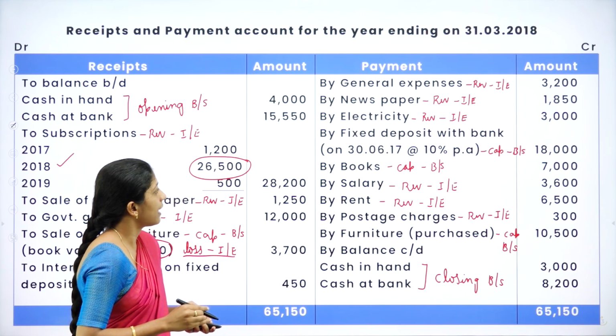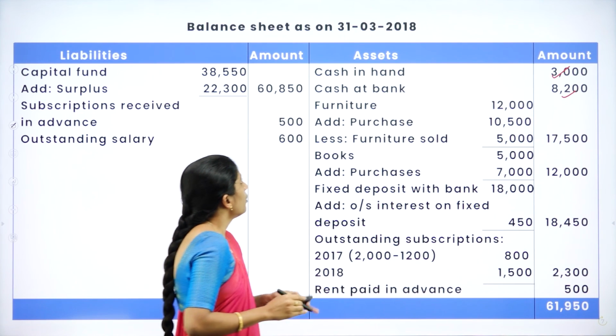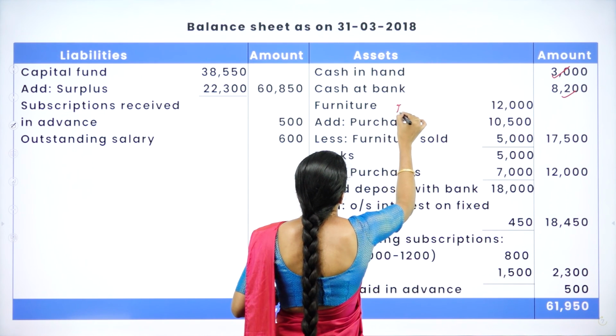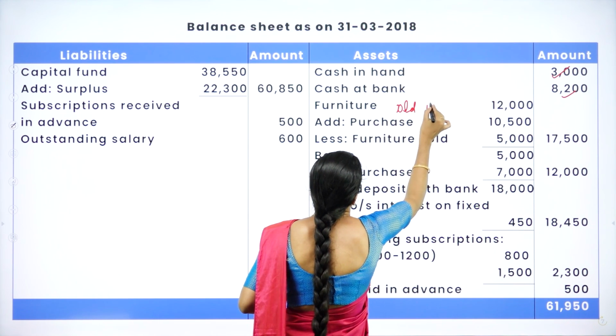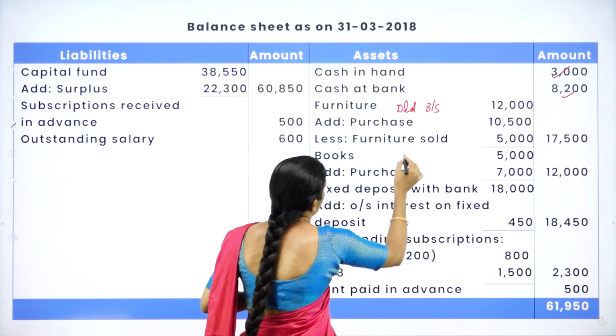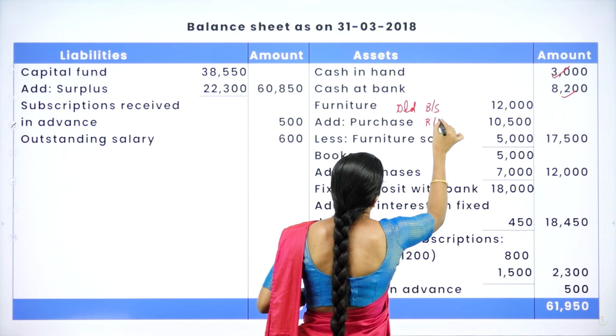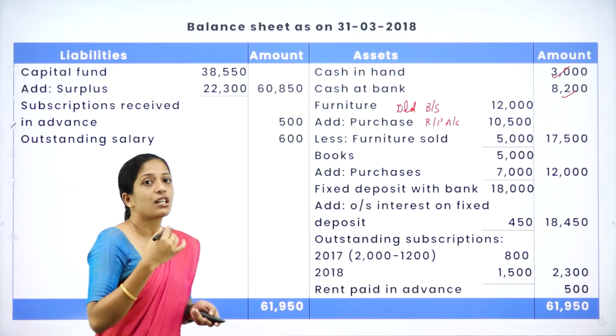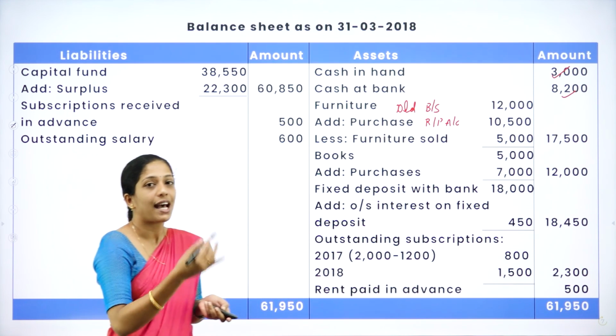So how to record now? Furniture which is given in the old balance sheet, add purchase which is given in the receipts and payment account, less furniture sold. There is a furniture which has been sold.